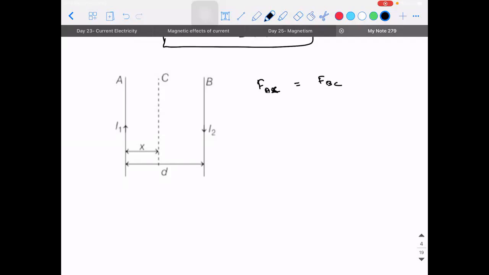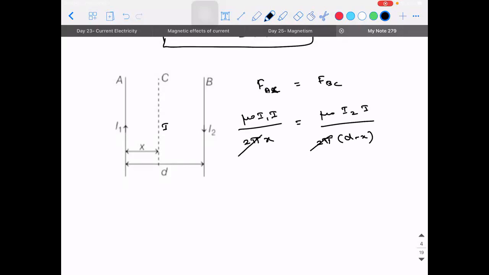Yes. Okay. Now try to apply the formula and tell me what you are going to get. Write only in terms of magnitude. Mu naught, let's say the current here is I. I1, I the whole divided by 2 pi into x is equal to mu naught I2 into I divided by 2 pi into d minus x. So 2 pi gets cancelled.